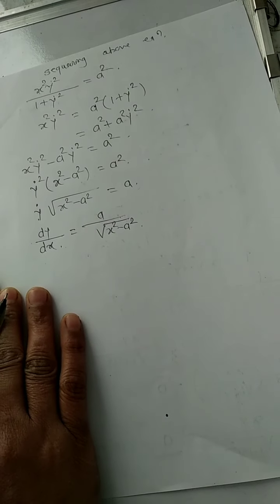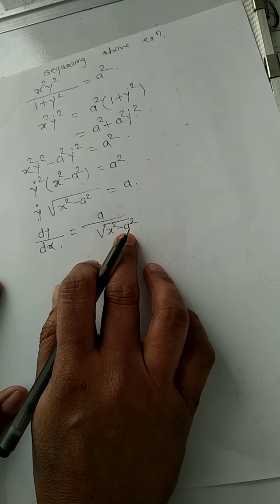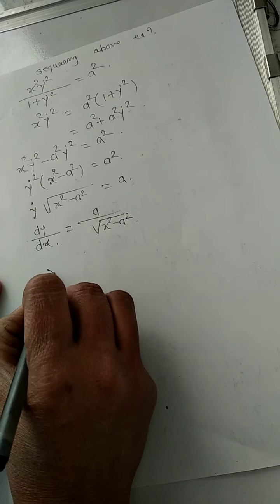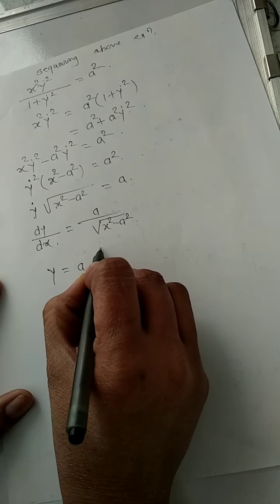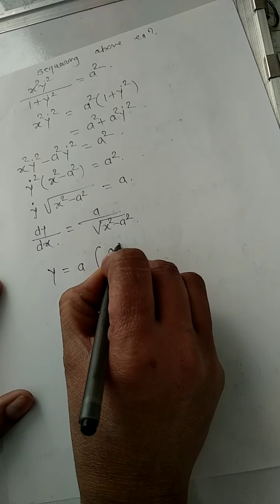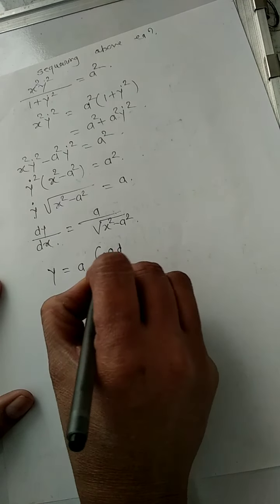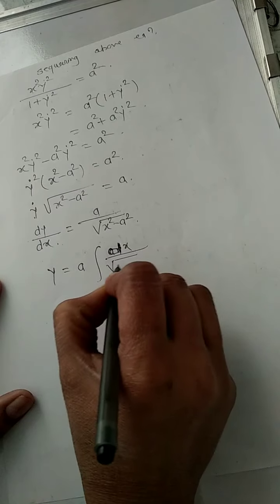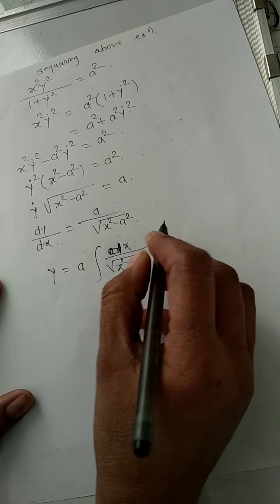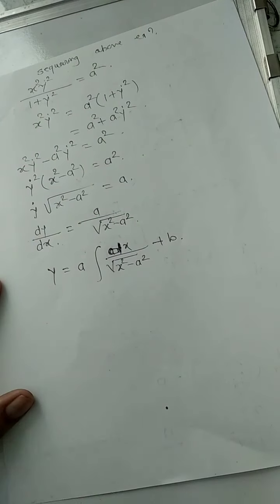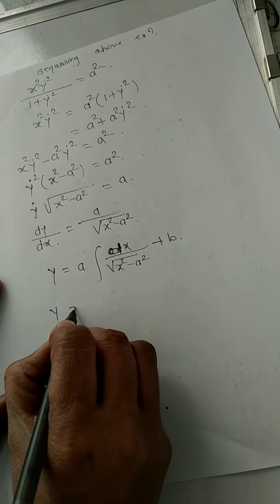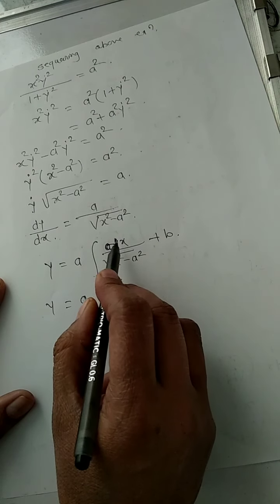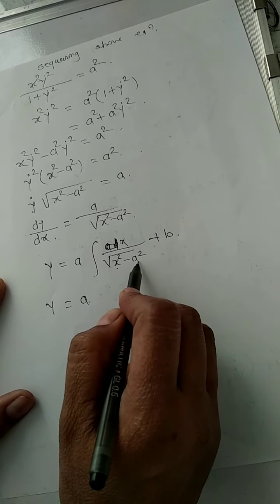The general solution of this differential equation is y equal to a into the integration of dx upon under root of x square minus a square, plus b.